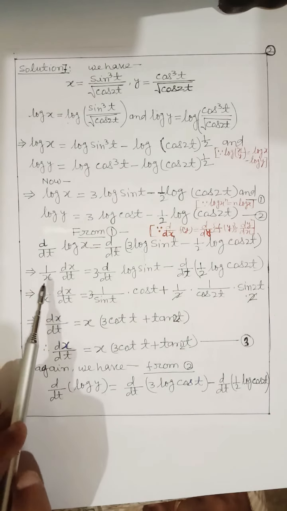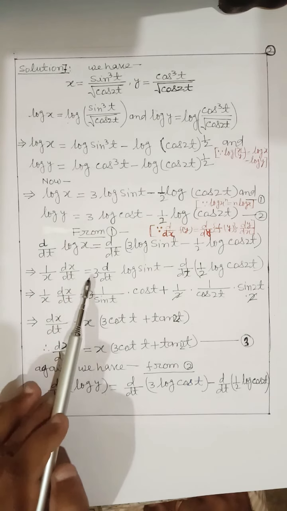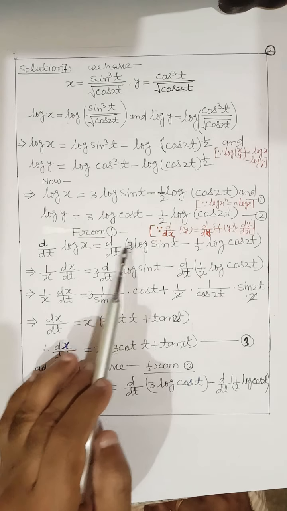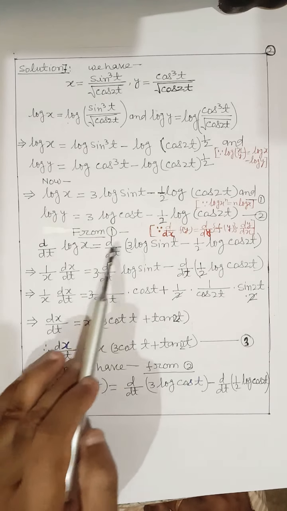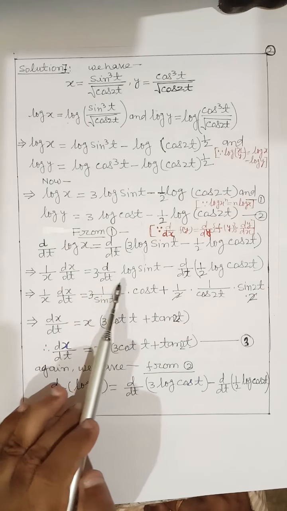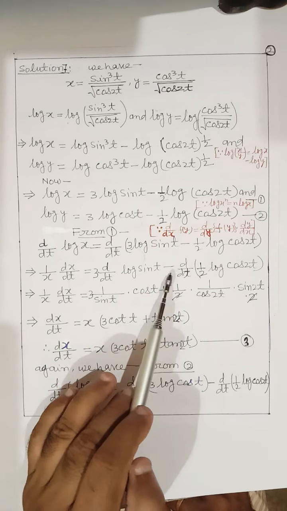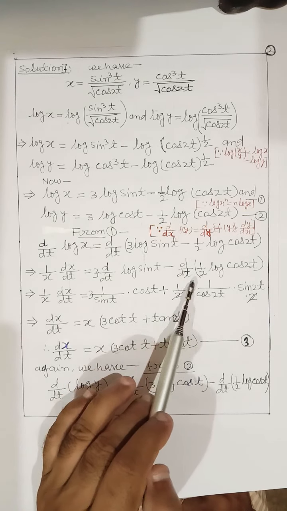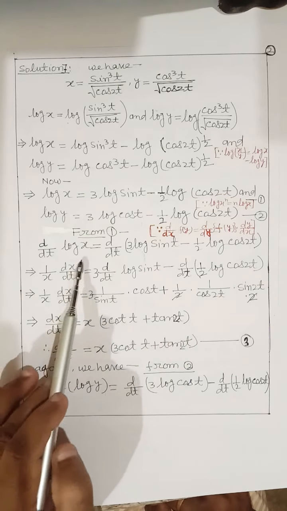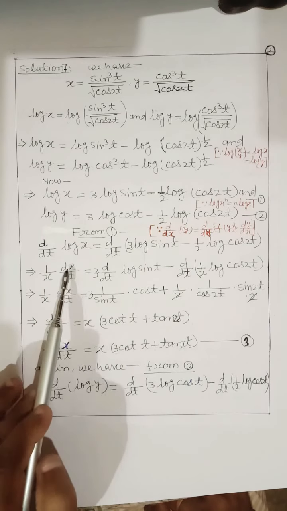and this implies that (1/x) dx/dt = 3, here constant term 3, so if we differentiate this we get 3 into d/dt log sin t minus d/dt 1/2 log cos 2t. Dear students, for this we have written (1/x) dx/dt.